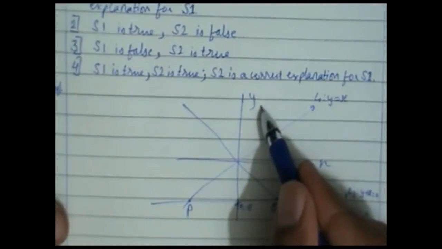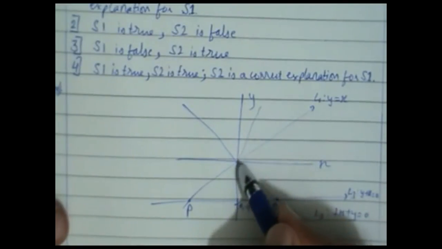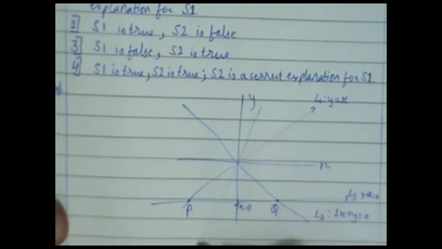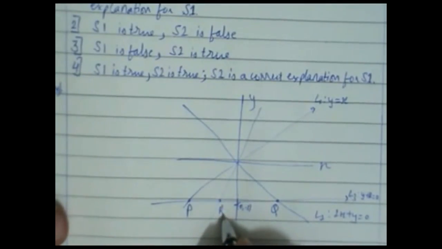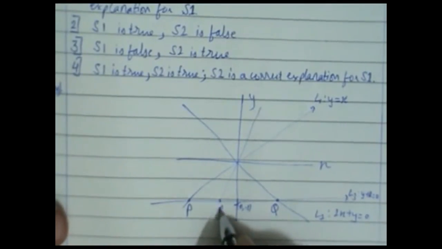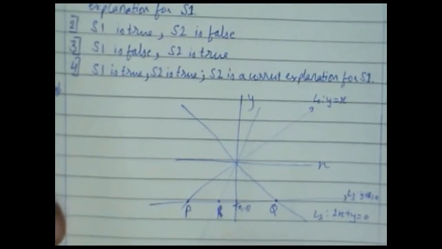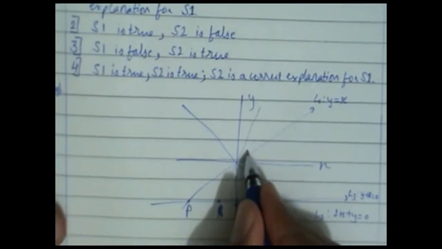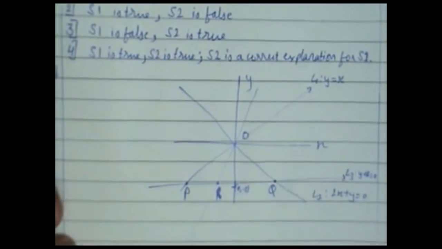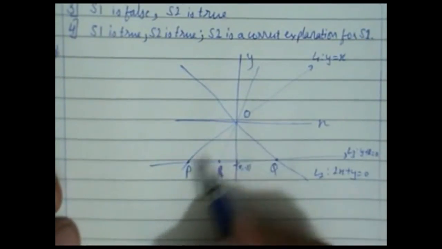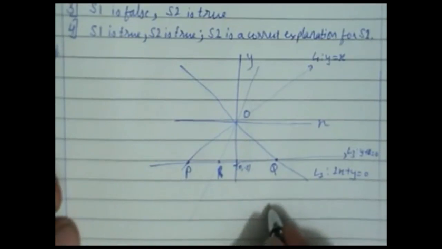Now the angle bisector of L1 and L2 intersect at the point R. So this is the point R. Now let this point be O. Now we will redraw this triangle OPQ.